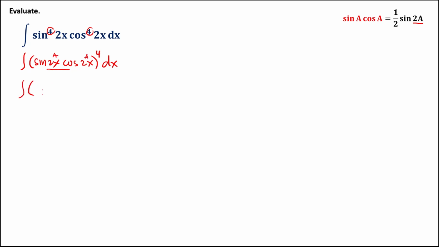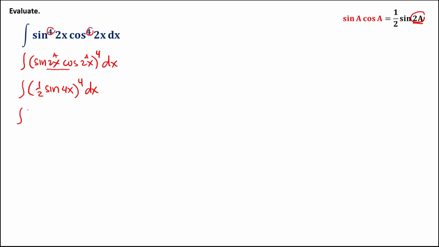So this becomes the integral of 1 half, then sine of 2 times 2x, so this is 4x, quantity to the power 4, then the dx.